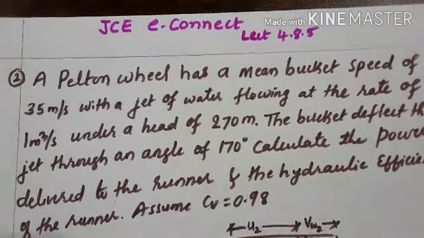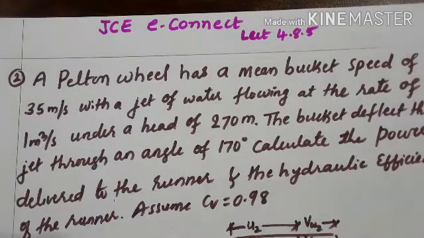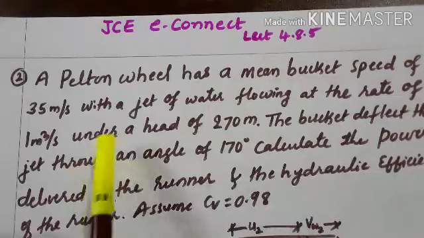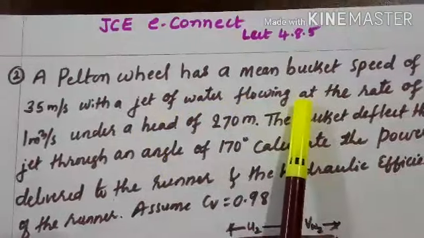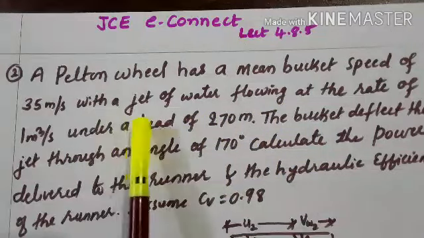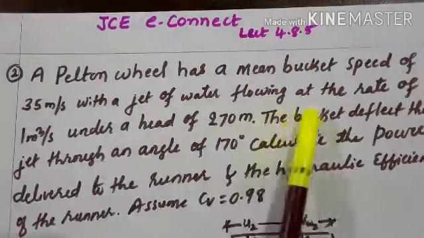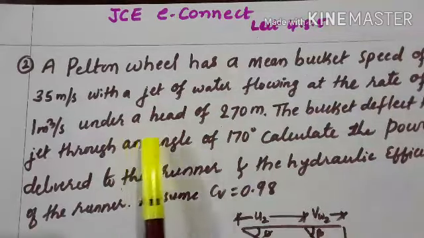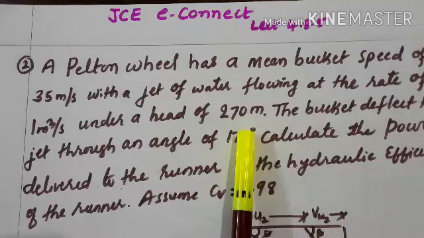So we'll continue some more numerical problems on a Pelton wheel, and this question I have taken from a university question paper. A Pelton wheel has a mean bucket speed of 35 meter per second with a jet of water flowing at the rate of 1 meter cube per second under a head of 270 meter.